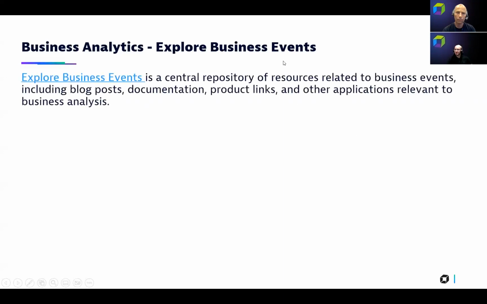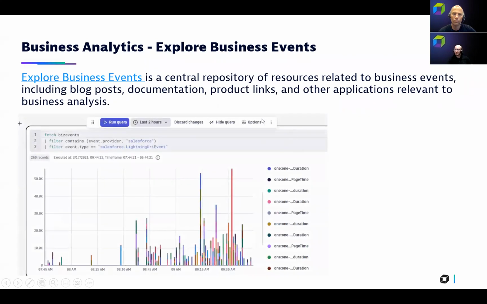And Explore Business Events is a central repository for you to see all the resources that you need in terms of your business events, such as blog posts, documentation, product leads, and so on. And this is one example where we use biz events that data analysis are using in our DQL, our query language.